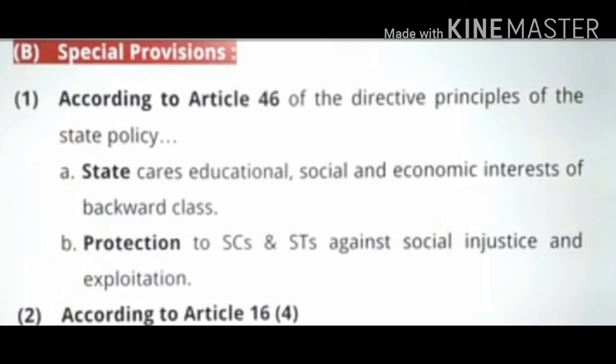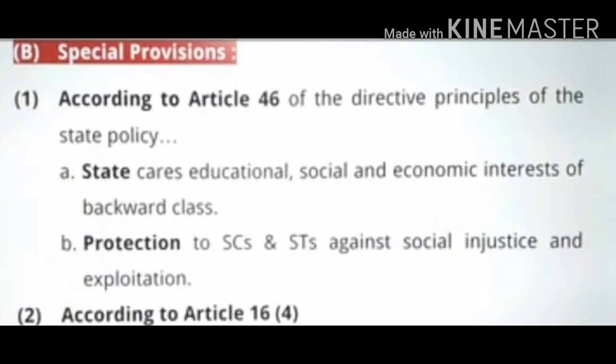B. Special provision. Under this, first one is according to Article 46. According to Article 46 of the Directive Principles of State Policy, the state cares for the educational, social, and economic interest of backward classes. It protects SC and ST, that is scheduled caste and scheduled tribe, against social injustice and exploitation.